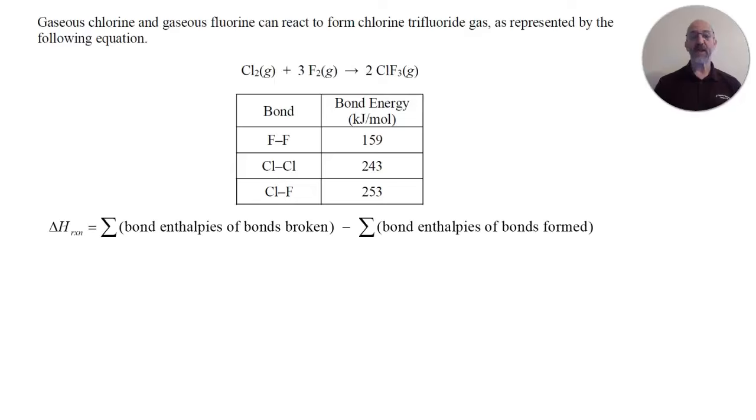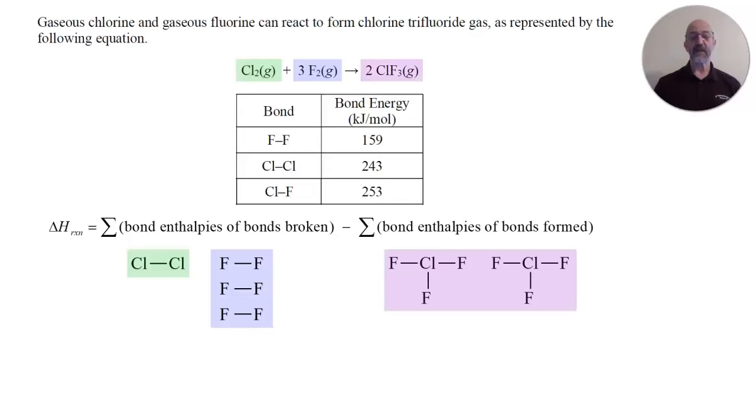So what I'm going to do now is focus on the bonds broken minus the bonds formed. On the reactant side of the equation, I see 1 molecule of Cl2. I see 3 molecules of F2. And on the product side of this equation, I see 2 molecules of ClF3. Now let's fill in the numbers from the bond energy table. So for the chlorine-chlorine bond, that would be 243.